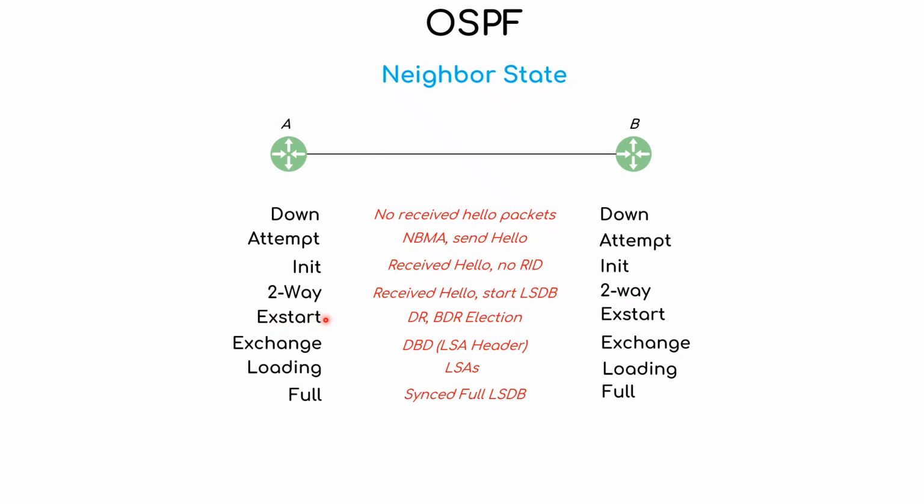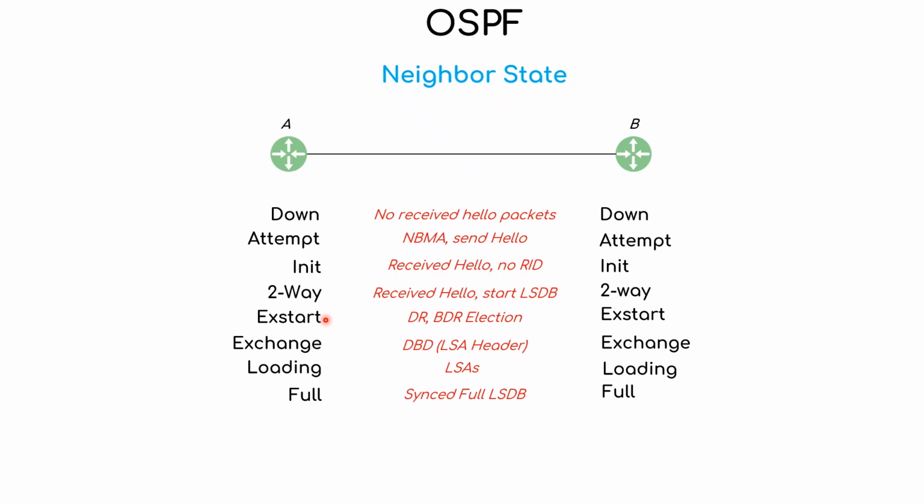In this state, routers in the same subnet perform the DR, BDR, and DROther selection to determine which router will handle the database exchange in the next state. The next state is, same as the name, Exchange state. The router with the DR role will handle the exchange of the database descriptors.